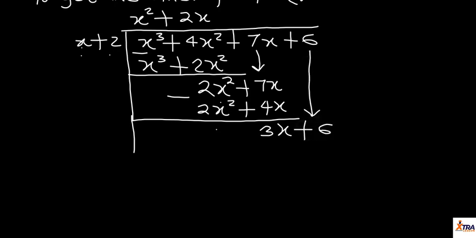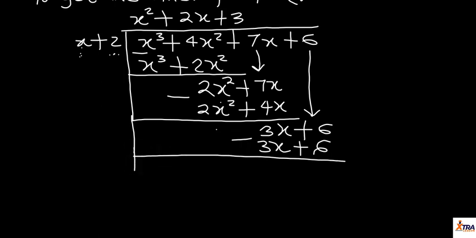Say x in 3x, that gives me 3. I use 3 to multiply everything here. 3 times x gives me 3x. 3 times 2 gives me 6. Upon subtraction, I get 0 as my remainder, which does not surprise me, as I know x plus 2 is a factor of this polynomial, indicating that there is no remainder.